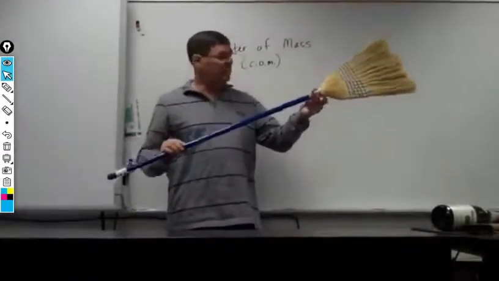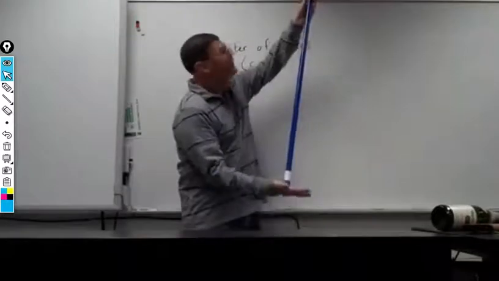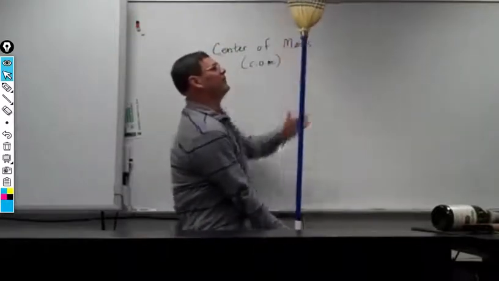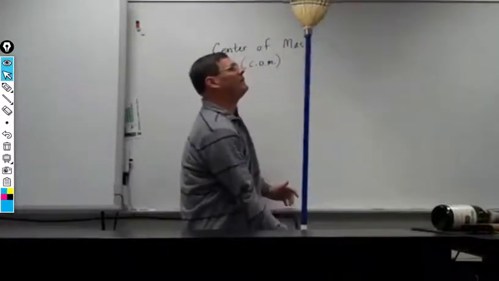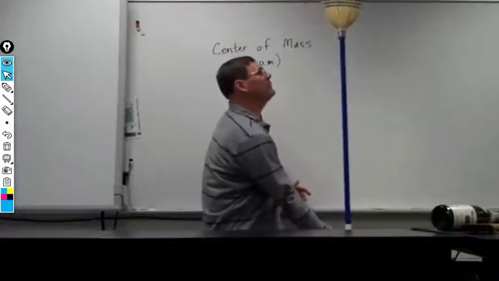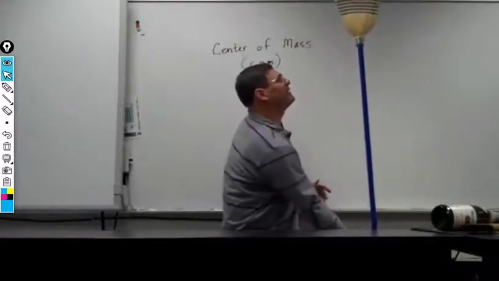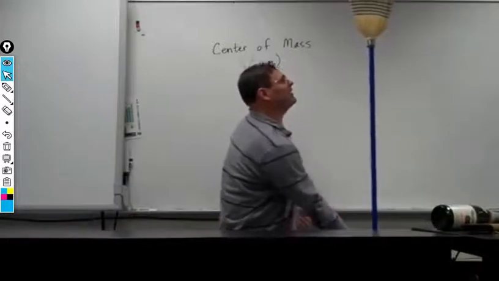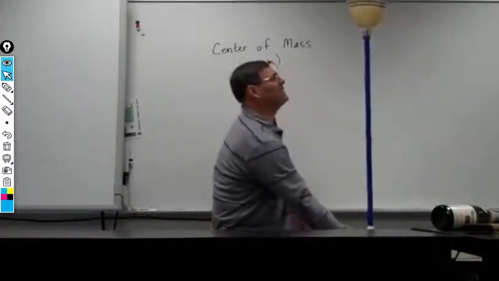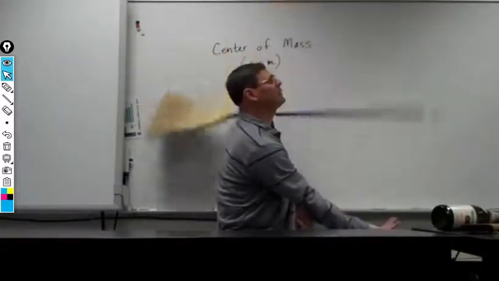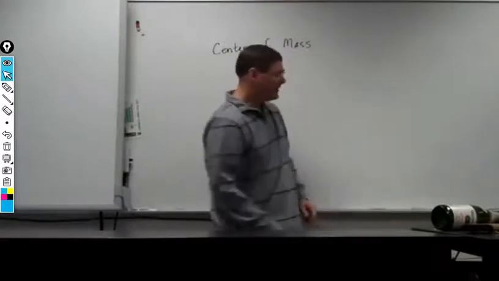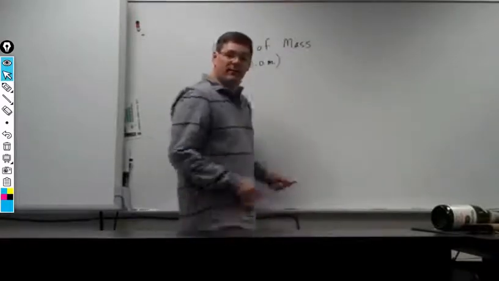Here I've got a broom, and I'll put it on my hand, and I can balance the broom. I can feel which way the broom is going to tip, and I can adjust my hand to keep it underneath the center of mass of the broom. And as soon as I stop doing that, the broom tips over. This is similar to the way a rocket fires.